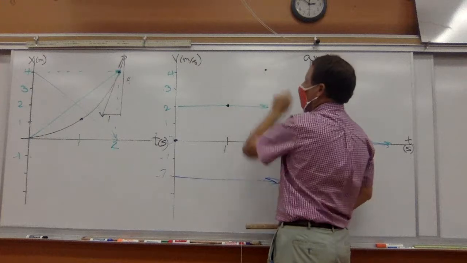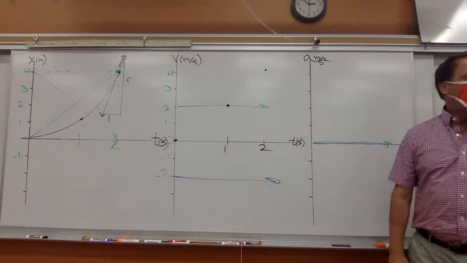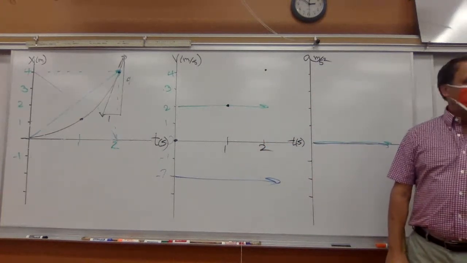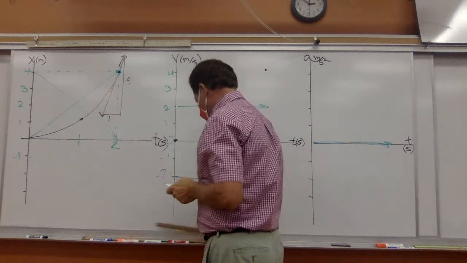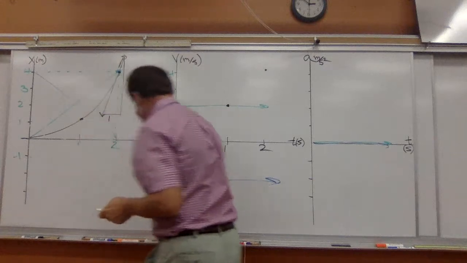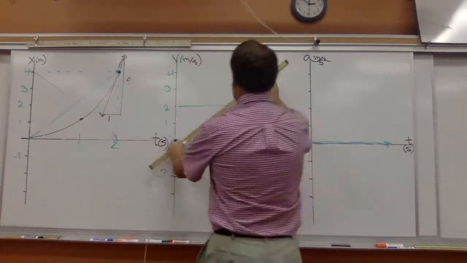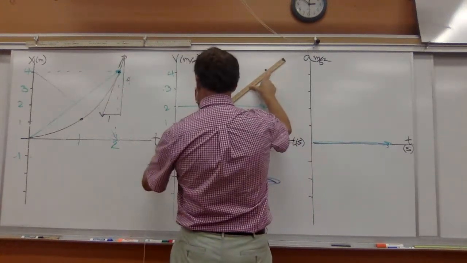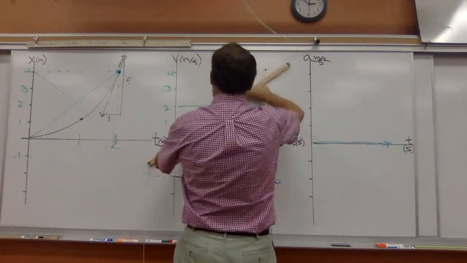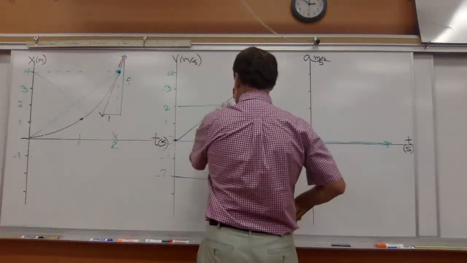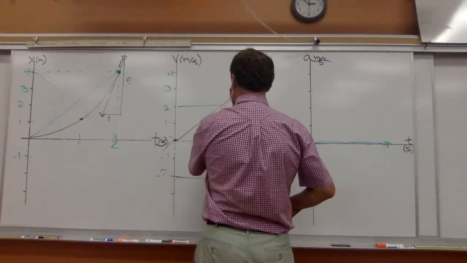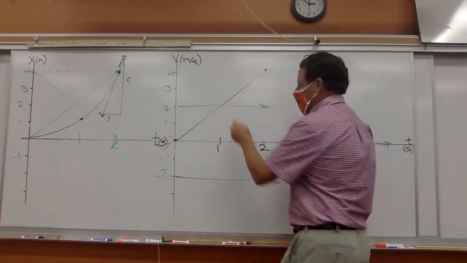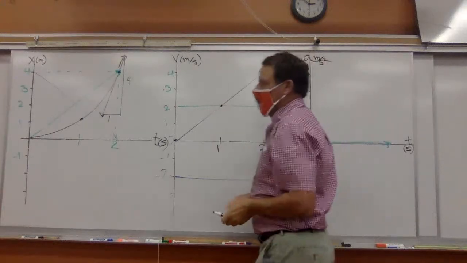And at 2 seconds, we have a velocity of 4. Does that make sense? Okay, so now we can connect these, and I am going to adjust my little line here. So that is 1. This is going to correspond to here.